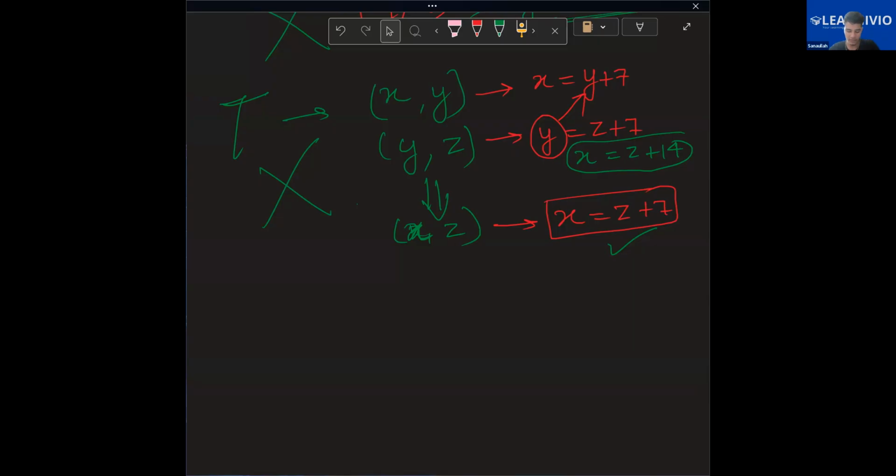And in the D part, do you have any doubt in D part? X is a wife of Y. X cannot be wife of itself, and Y cannot be wife of itself.